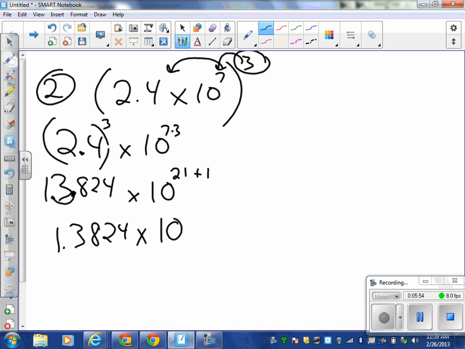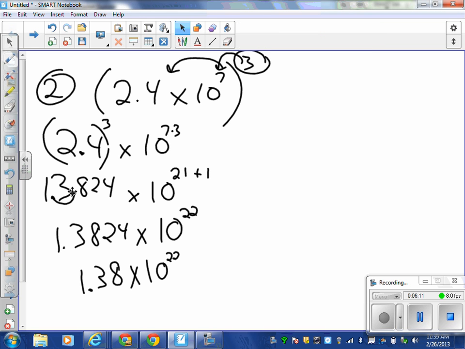If I move it one time to the left, I have to add 1 up there, so my final answer becomes to the 22nd power. And just to make a smaller number, I would write 1.38 times 10 to the 22nd power.